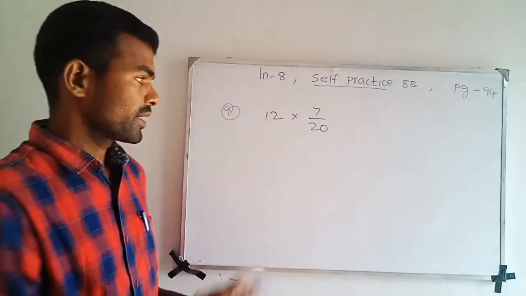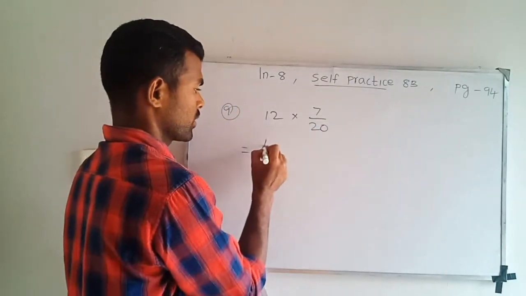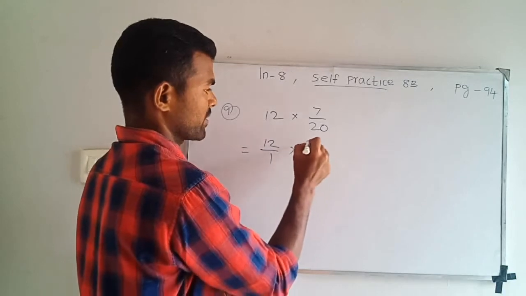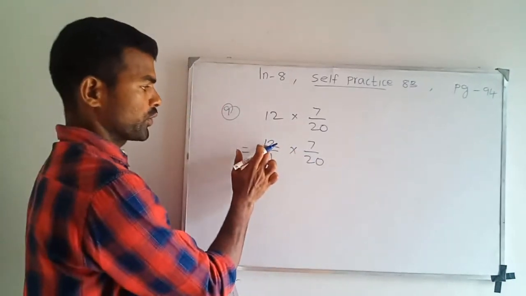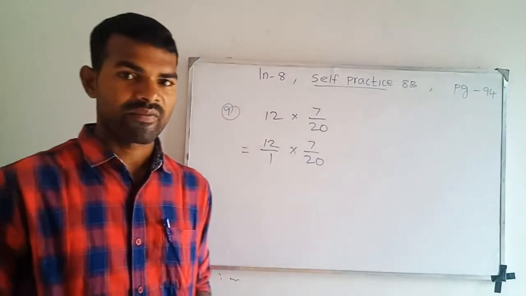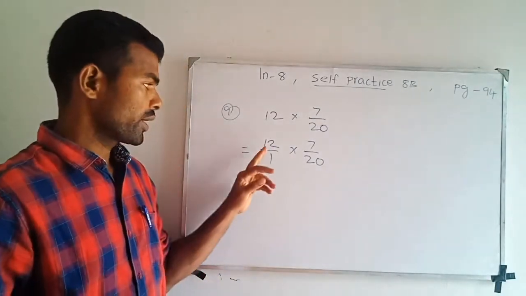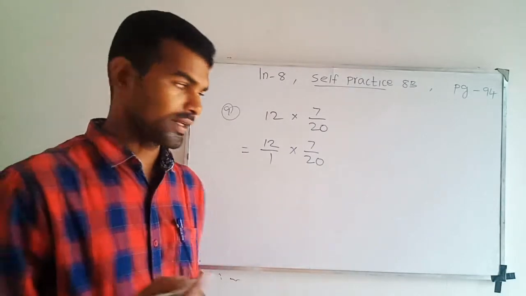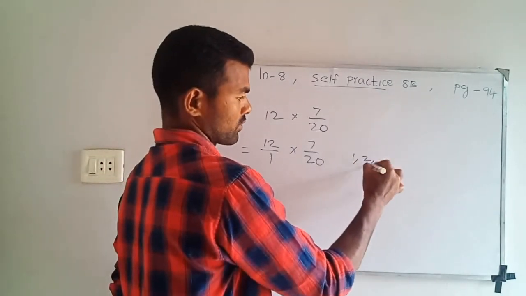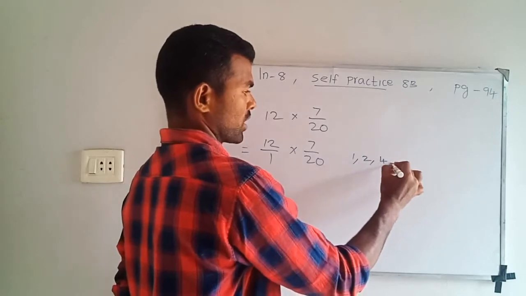Write the denominator 1: 12 by 1 multiply with 7 by 20. So 12 and 20, common factors.